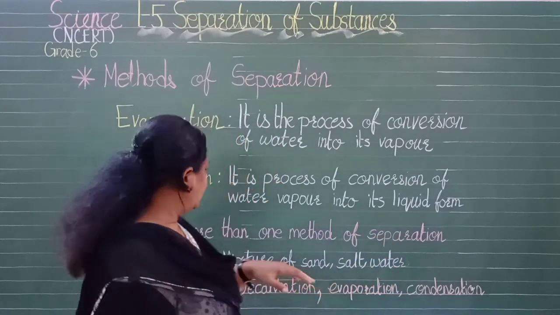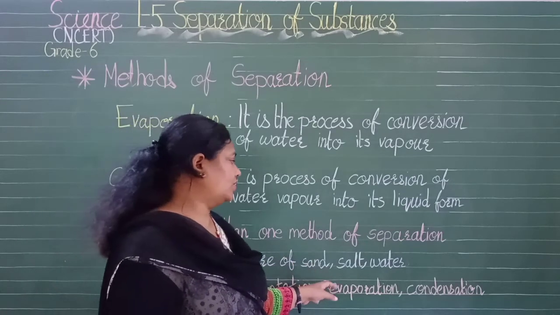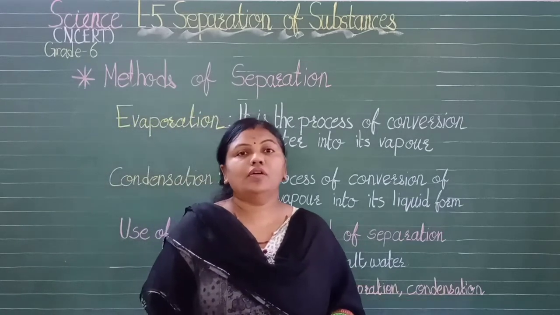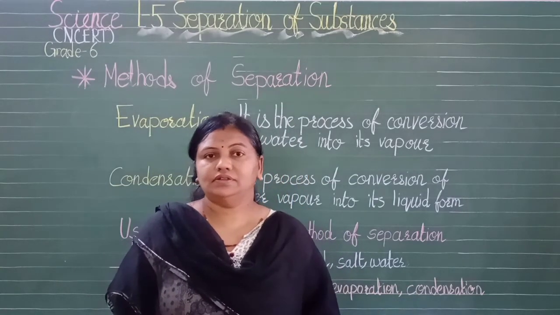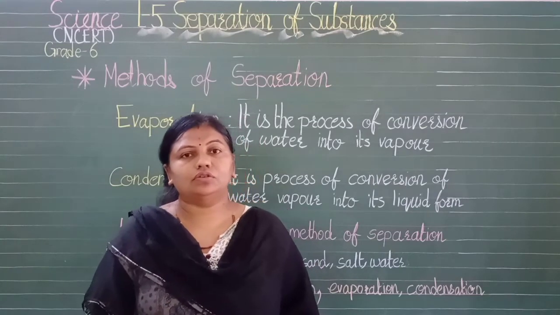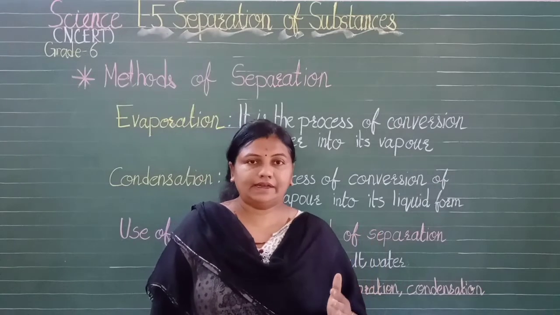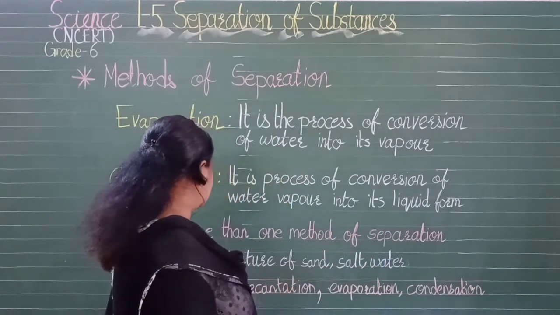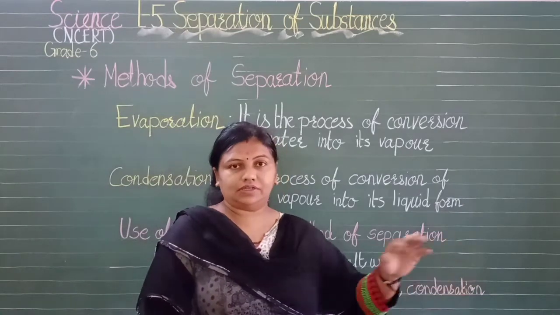Let us take one example, a mixture of sand, salt and water. If sand and salt are mixed, hand picking is not at all useful, and we cannot use filtration either. Here we will use three different techniques: decantation, evaporation and condensation.